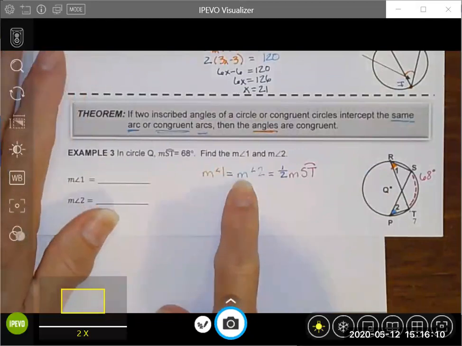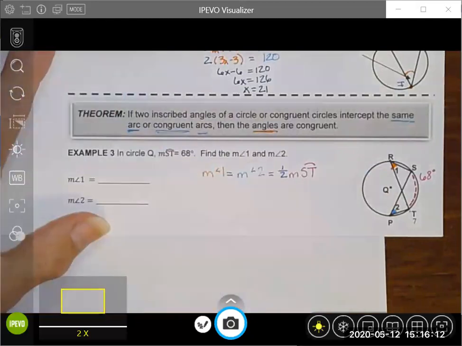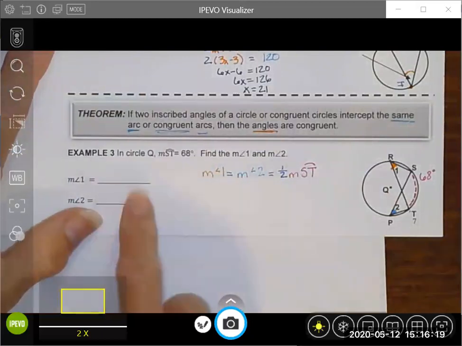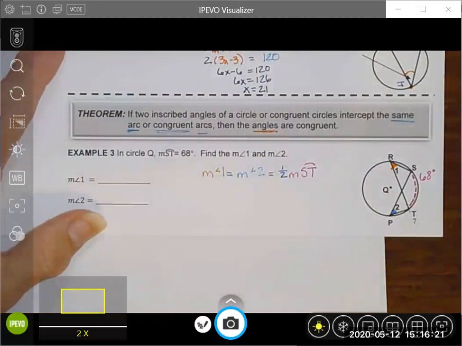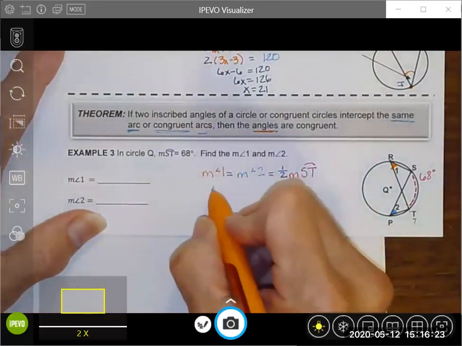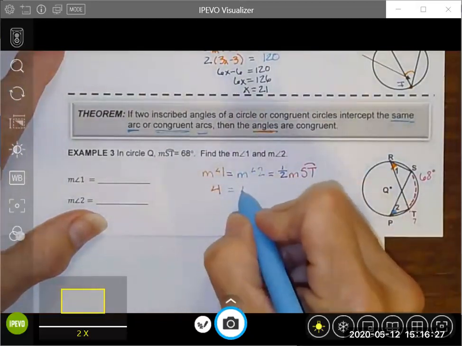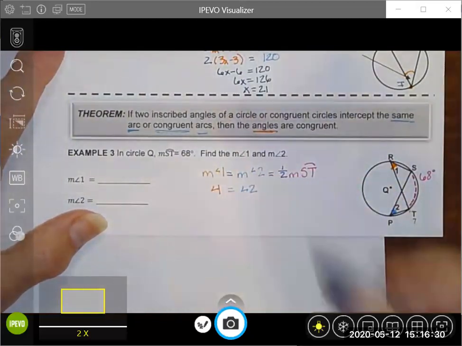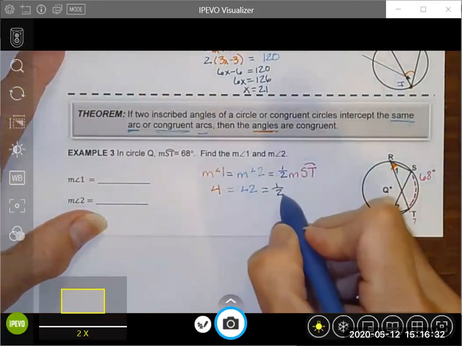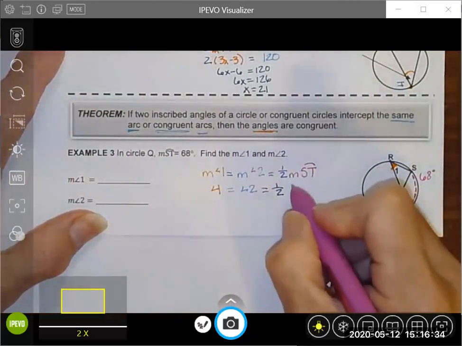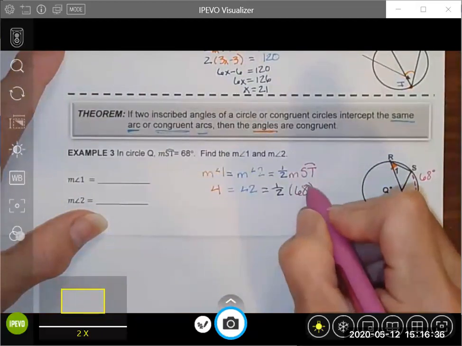Angle 1 is congruent to angle 2, and we know from the previous theorem that my angle measure is going to be half of my arc. So if I want to find angle 1 or angle 2, angle 1 is congruent to angle 2, which is congruent to half of my arc measure, which we know is 68 degrees.